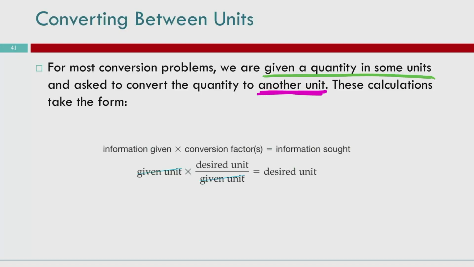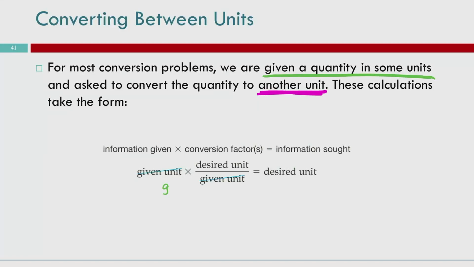We'll learn how to construct conversion factors in a moment. The units that we're given, our conversion factor should have the units that were given in it, as well as the units that we want. We can cancel out the units that were given. We've got given units on top, given units on bottom.